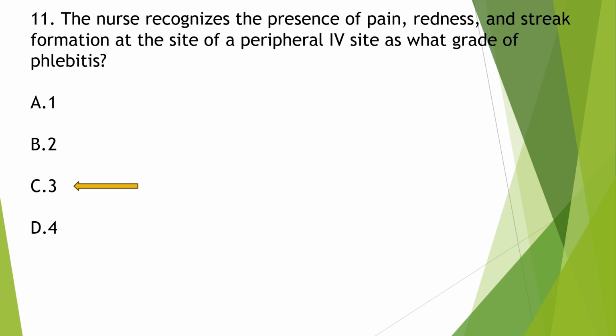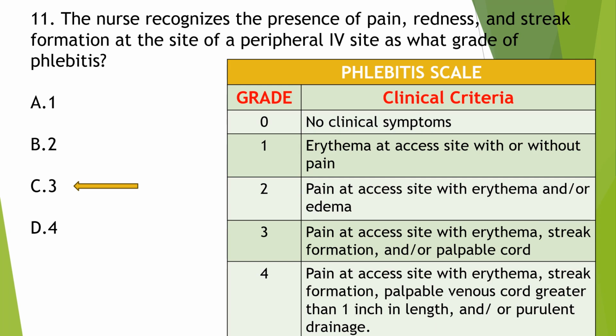The answer is 3 because of the phlebitis clinical criteria and grades. If there are no clinical symptoms in the vein, that is grade 0. If there is erythema, that is redness at the access site with or without pain, that means grade 1. Pain at access site with erythema and sometimes edema may be present, you will give grade 2.